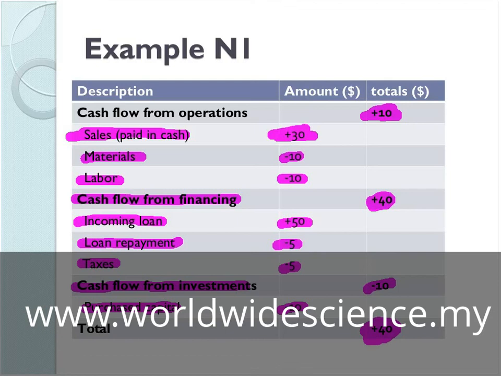Materials and labor expenses are minus because we pay for them. We pay for stuff by cash and money goes out. That means it's negative. We show it as negative because these expenses go out. And same with the incoming loan.